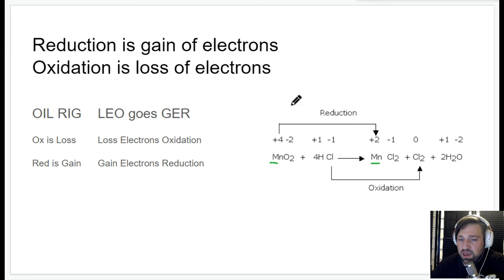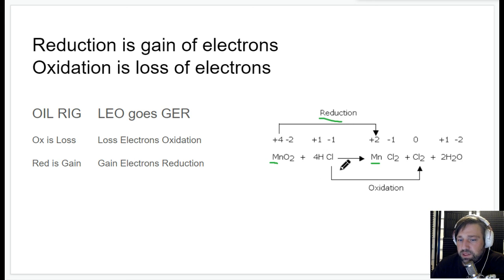We're gaining electrons here. Here, it had a +4, or it is lacking 4 electrons, and now it's +2. It's lacking 2 electrons. It's gaining some electrons. And if that's the case, it's the reduction part of this.